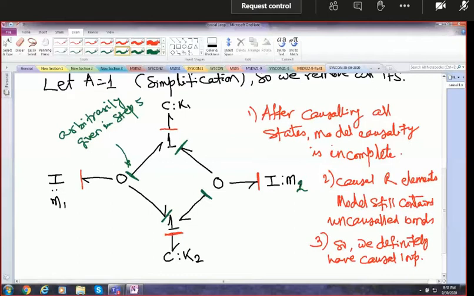Now let us give some bond numbers and try to derive its equations. Some arbitrary bond numbers. Let's say this is 1, this is 2, this is 3, 4, 5, 6, 7, 8. So 8 bonds. Our state vector we know. I am writing here.